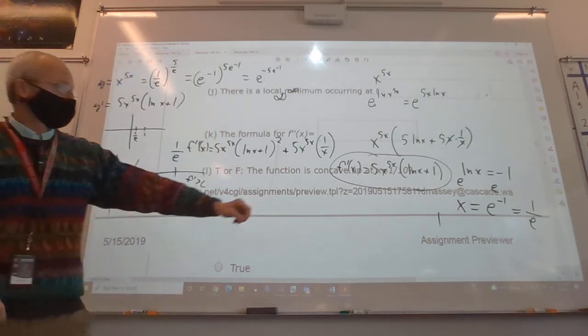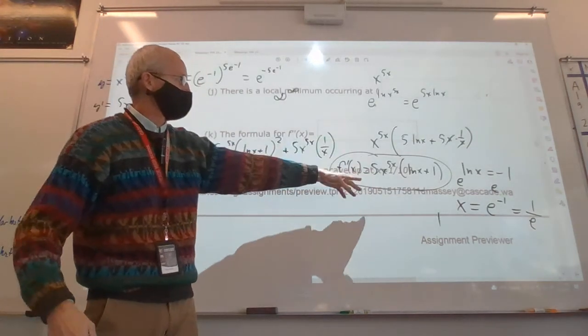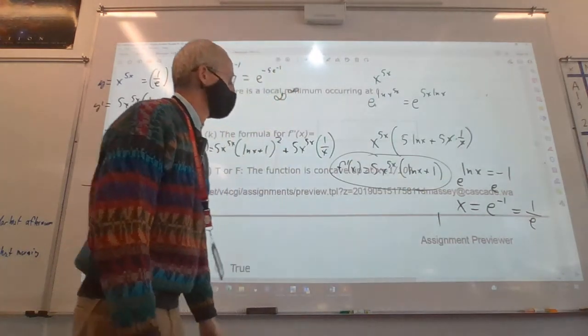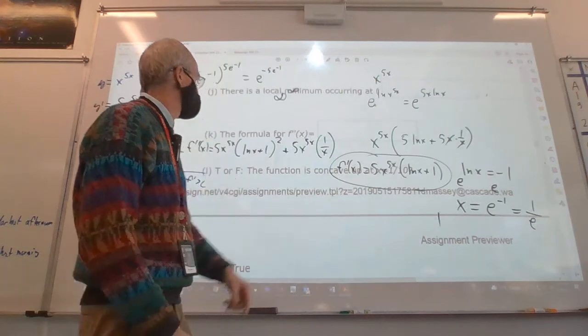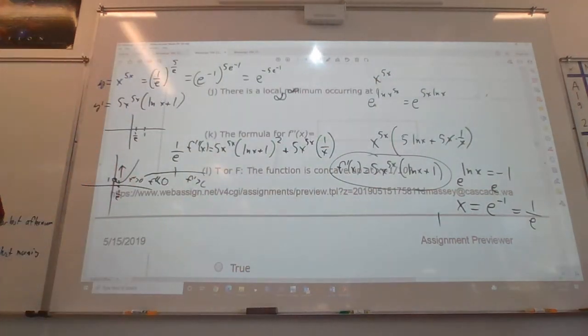Everybody see how that works? Derivative of the first, which was the original problem, so that's the whole answer. Oh wait, I forgot, it's got the 5. So derivative of x to the 5x. Wait, I did it wrong. I think it's 25.